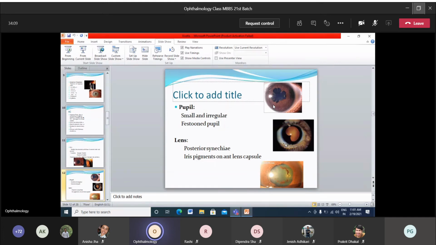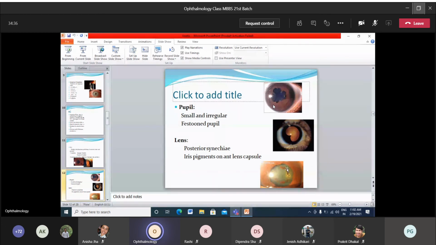position. Okay, so in the lens, again posterior synechiae, which is adhesion between the iris and the lens, and iris pigments on the anterior lens capsule. So whenever the pupil is dilated with the help of the mydriatic, some amount of iris pigments get liberated, and these iris pigments go and get deposited on the anterior lens capsule.